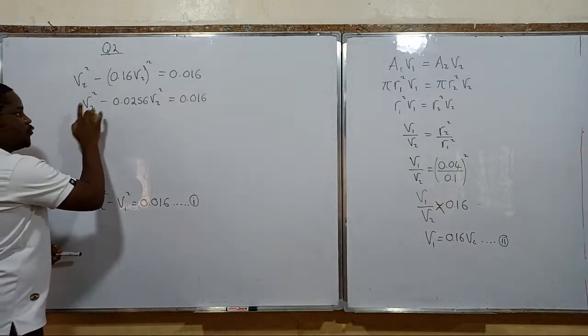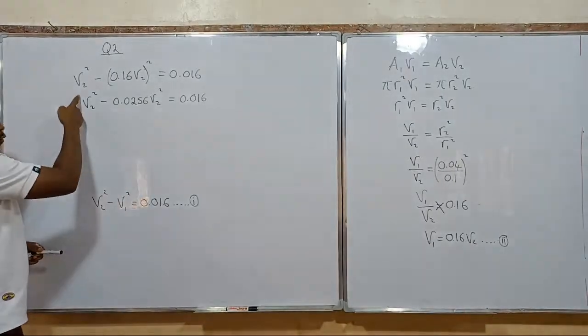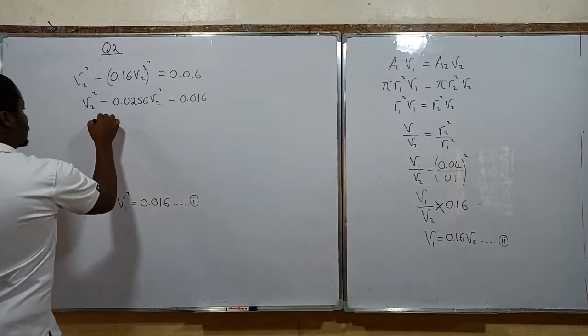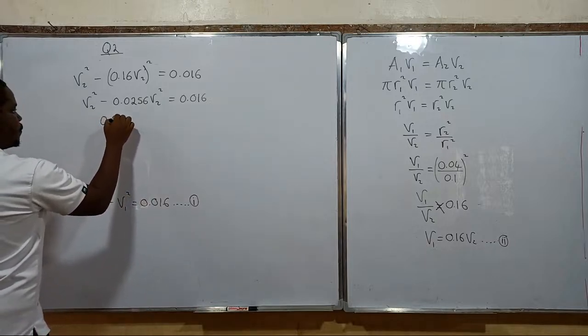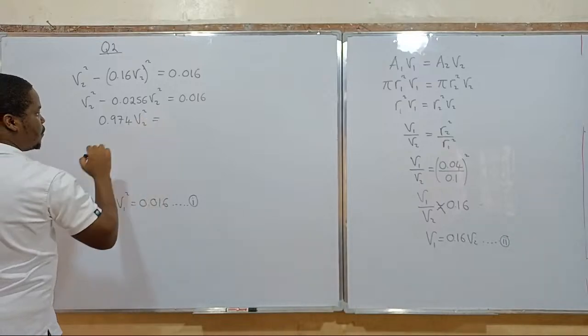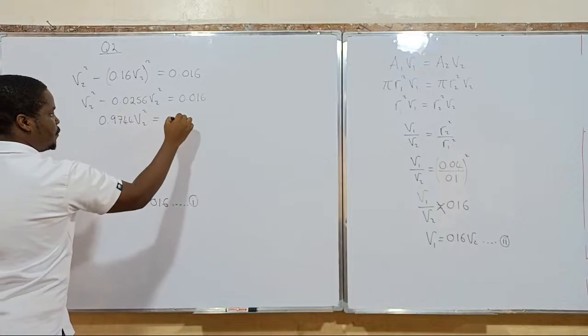Now, these two are like terms, V2 squared. So just say 1 minus this decimal. What do we get? Okay, 0.9744 V2 squared is equal to 0.016.